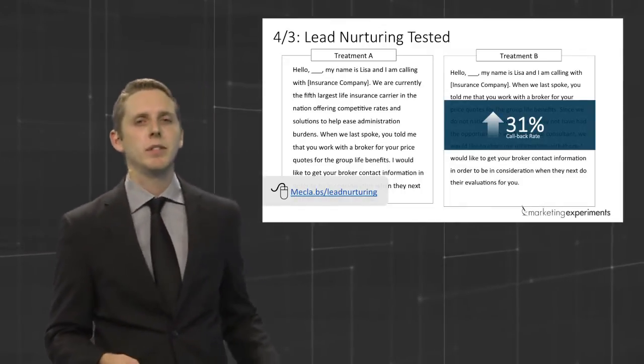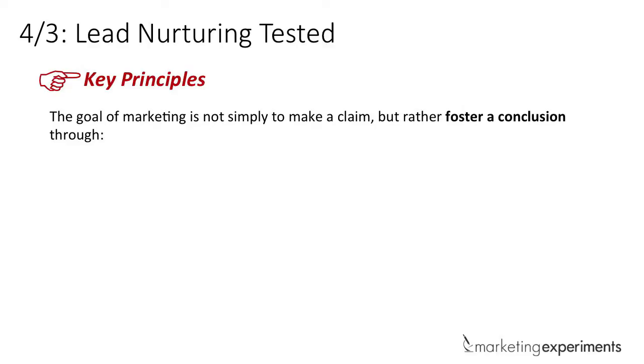And it really pointed to this conclusion. This test, along with many others, shows that the goal of marketing, and particularly if you're doing lead nurturing, which I know some of you on the line are, is not so much to make a claim, but to foster a conclusion. And you do that in 3 ways. Number 1, you anchor the message to the context. Remember that. We're going to be looking at pages. We're going to ask ourselves, is this page providing enough context, or is it disorienting?